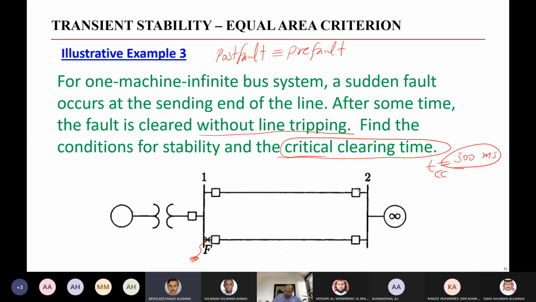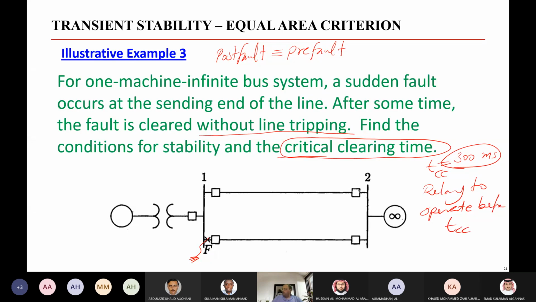Before the critical clearing time. Sorry? Before. You need the relay to operate before the critical clearing time.